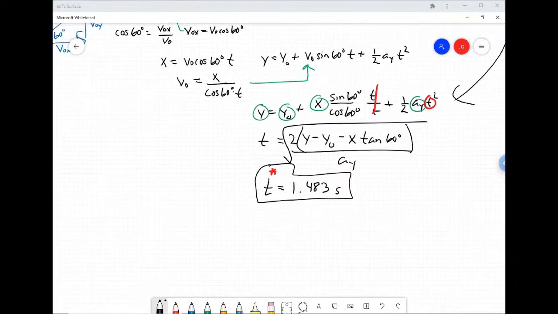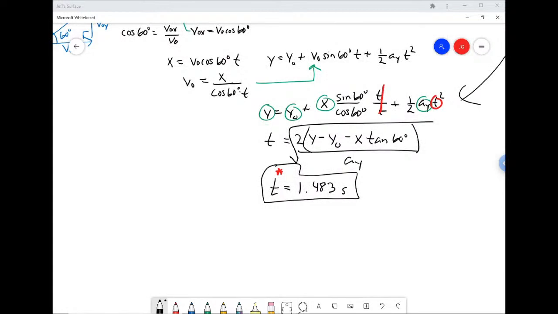Okay. And what I find now is, wow, once I have this, it's a straight path to v naught. Because now I have this, and I have x, how far the ball travels, so I can solve for v naught.